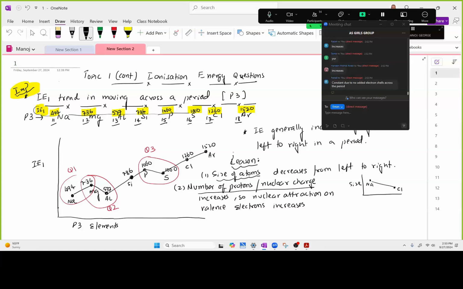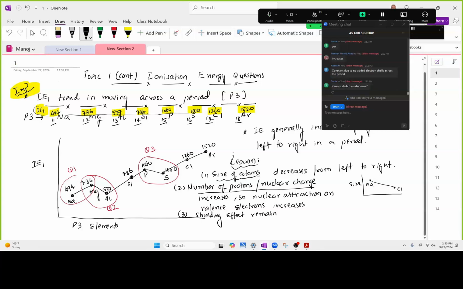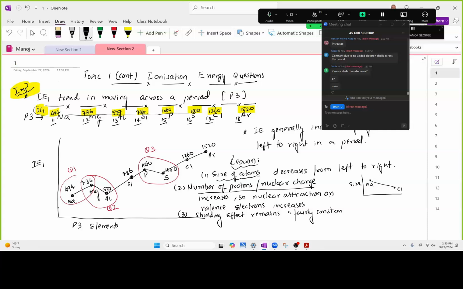So the shielding effect remains fairly constant. If the number of shells changes, then the shielding effect will change, correct? So it is fairly constant.